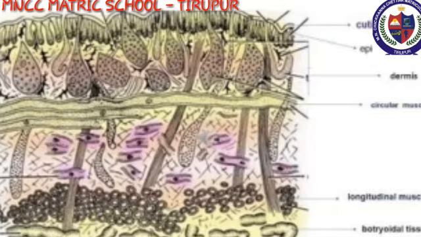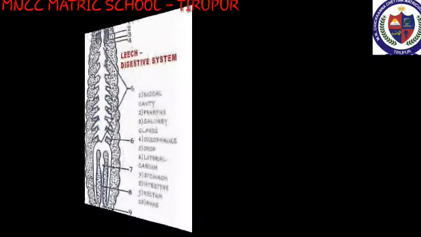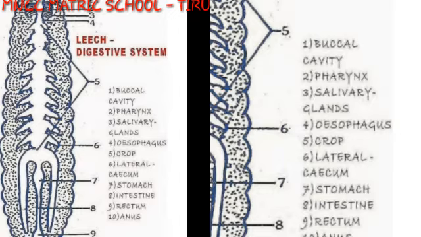Digestive system. The digestive system includes the long alimentary canal and the digestive glands. The alimentary canal of leech is a straight tube running from the mouth to the anus. Mouth is a triradiate aperture.